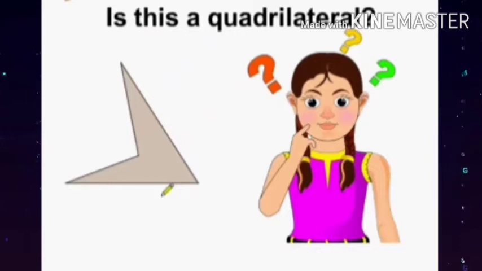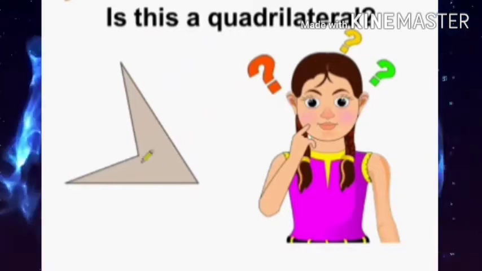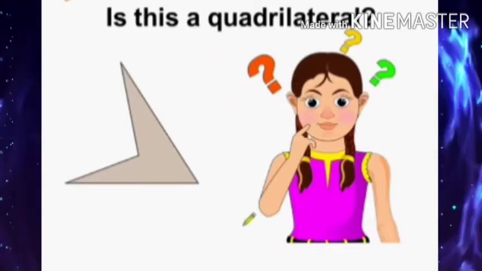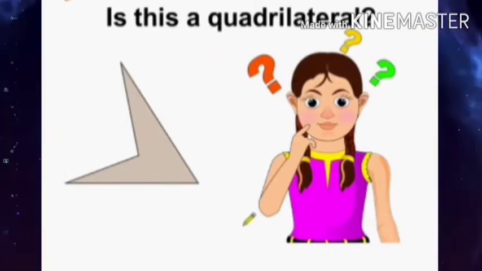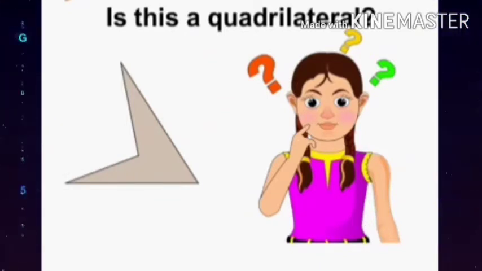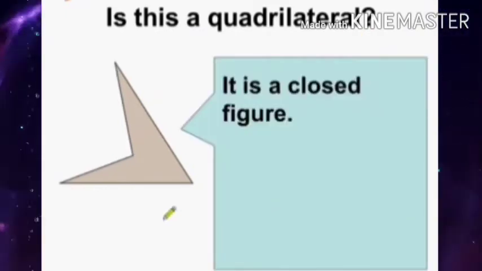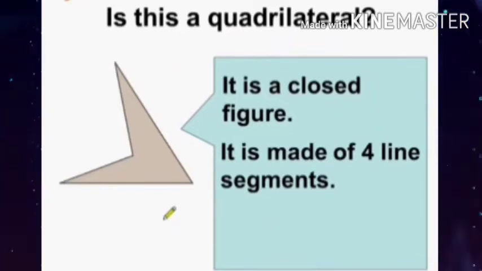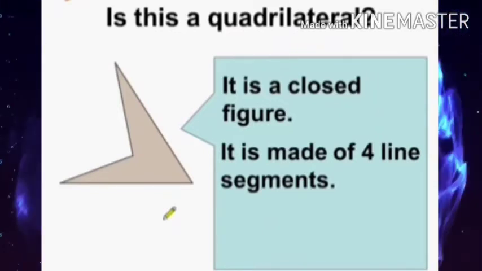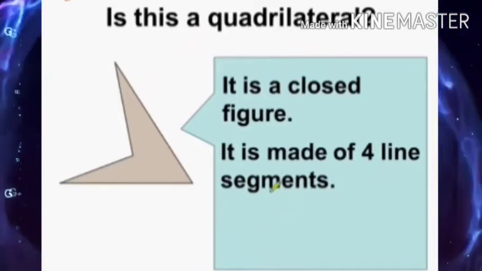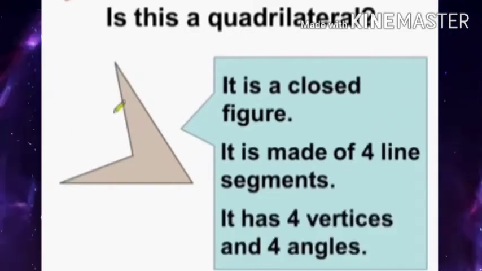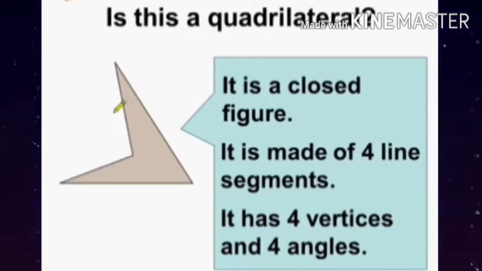Is this a quadrilateral? Think about it. It is made up of four line segments. Yes, it is made up of four line segments. So it should be a quadrilateral. And moreover, you have to check whether it is a closed figure or not. So for being a quadrilateral, it should be a closed figure and made up of four line segments.